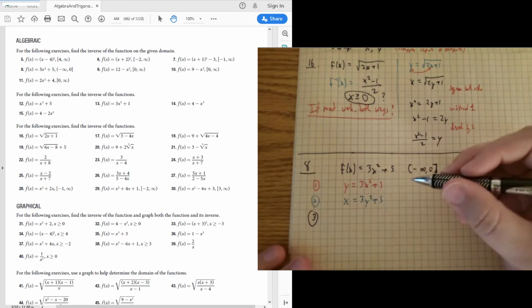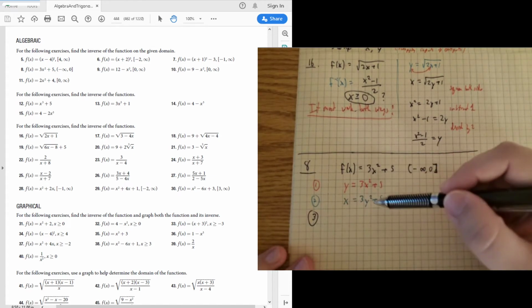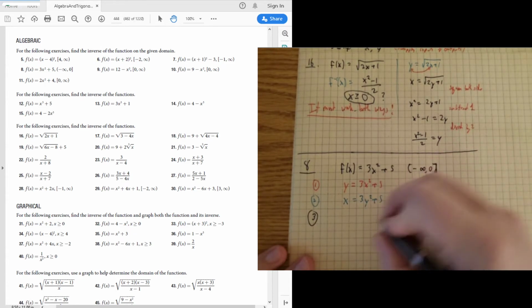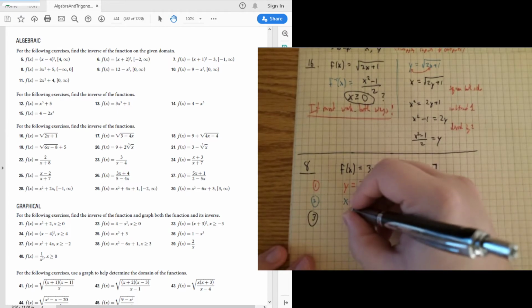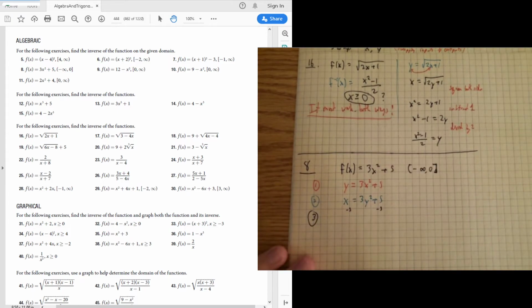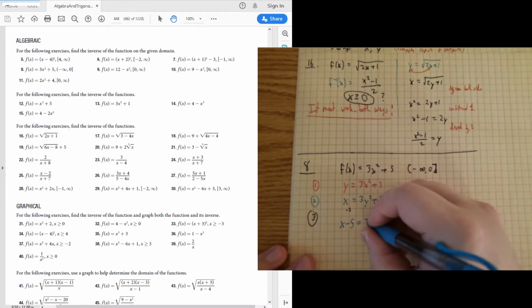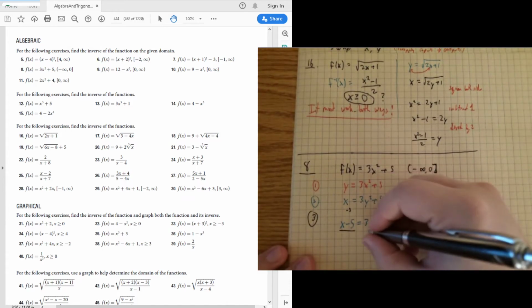Step 3, so I took the original function, rewrote it, then I took that function and switched around the variables, and now I'm solving. So to do that, I'm going to subtract 5. So I do minus 5 and minus 5. That'll give me x minus 5 equals 3y squared. I'm then going to divide both sides by 3.